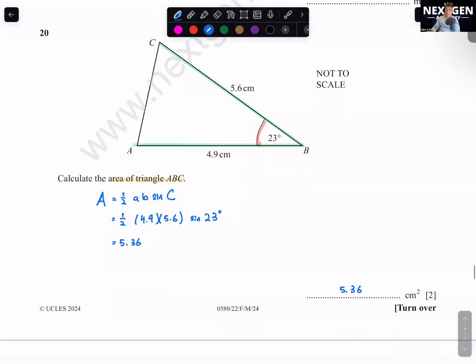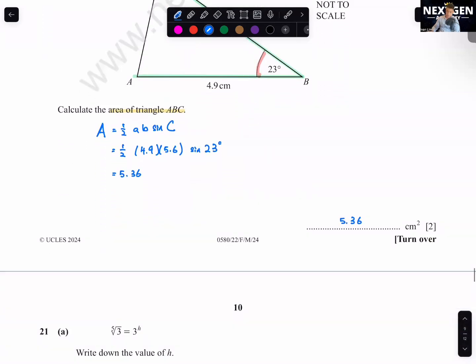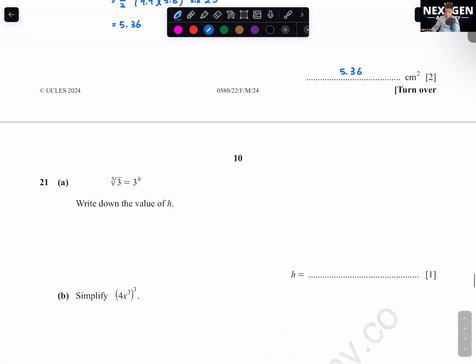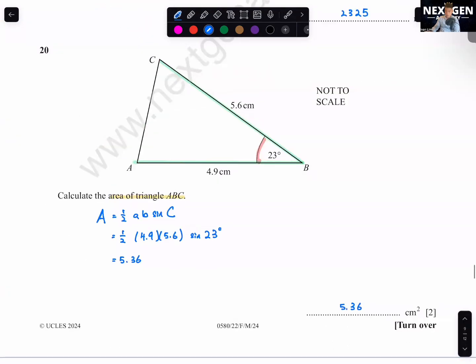Okay, next one. Don't use cos rule. Cos rule will be wrong. Where do you use sine for triangle? What do you mean, where do I use sine for triangle? The angle?